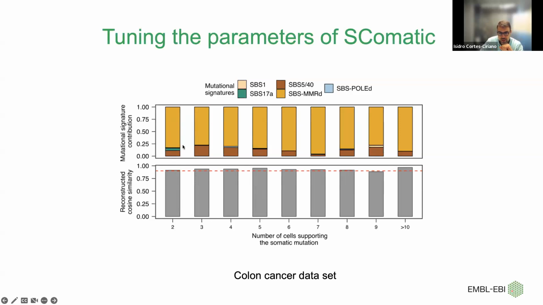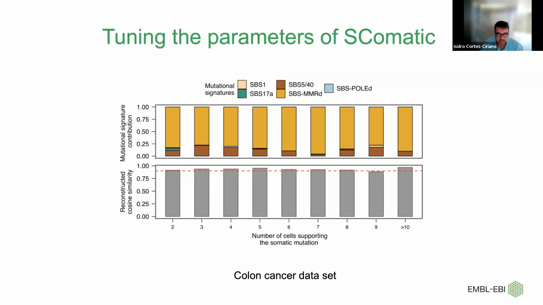And as you can see, the results are very consistent, even when we require only 2 cells to have the somatic mutation. So the results gave us confidence to say that when we have at least 2 cells with the mutation, we can trust the call, in addition to the other filters.